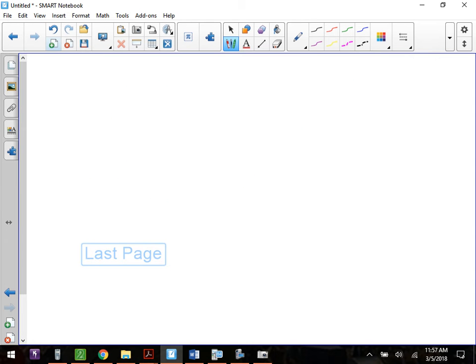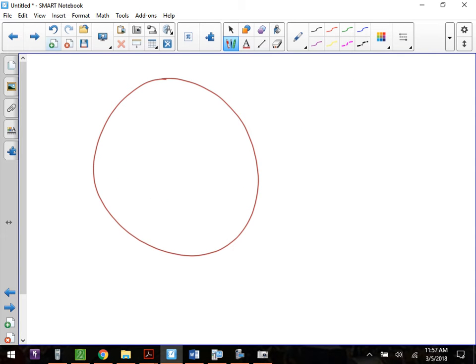Then we get to the weird stuff. Circles. When you have circles, you have to worry about a couple of parts. Remember what this is called? The radius. Good. The radius is the segment that's drawn from the center of a circle to a side. Now, inside circles, what do you know about all the radii?